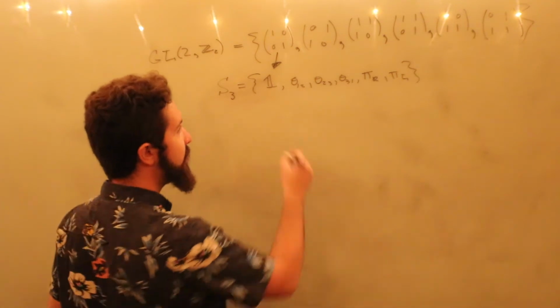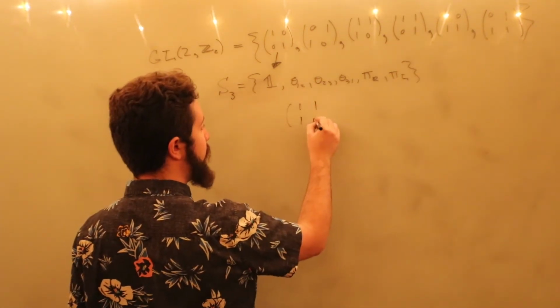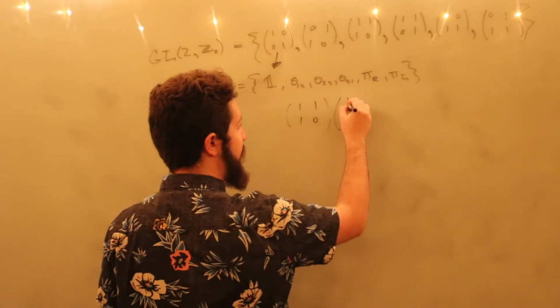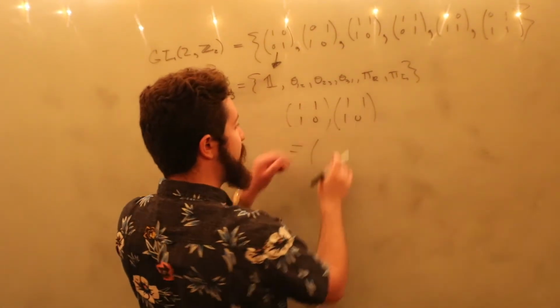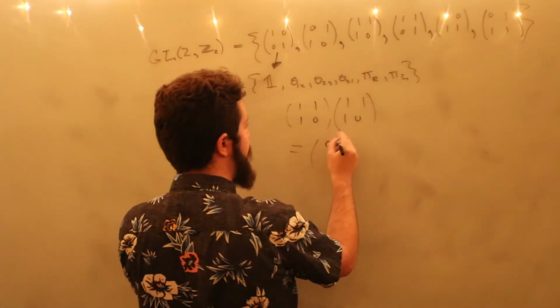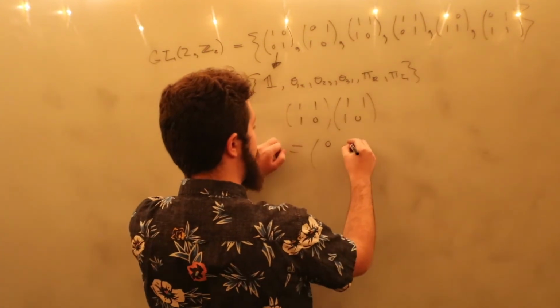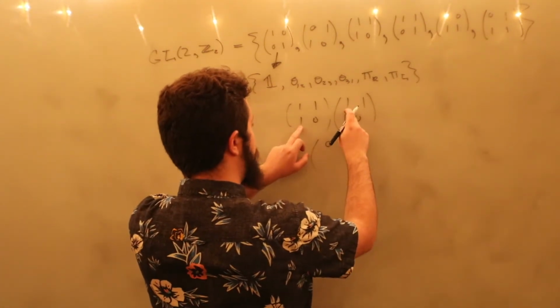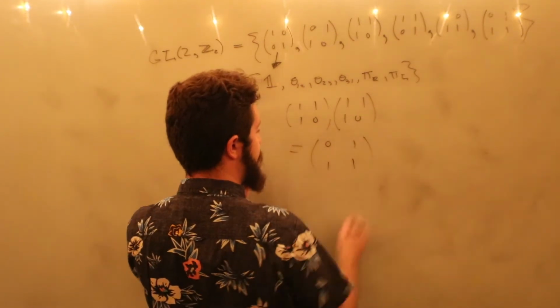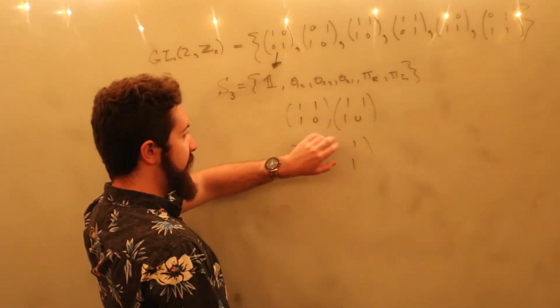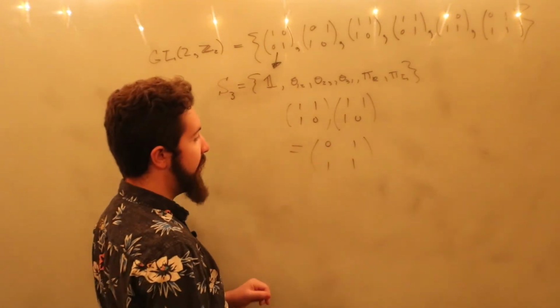Well, watch this. So the matrix 1, 1, 1, 0, if we square it, is going to give us 1 plus 1 is 0, 1 plus 0 is 1, 1 plus 0 is 1, and 1 plus 0 is 1. So we're going to get that this matrix squared is equal to that matrix.